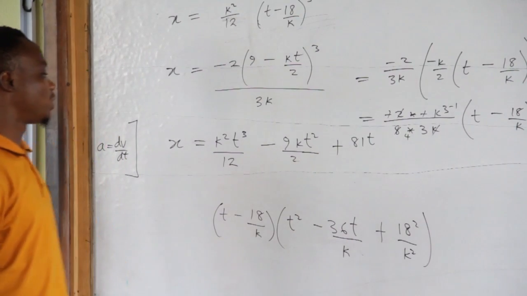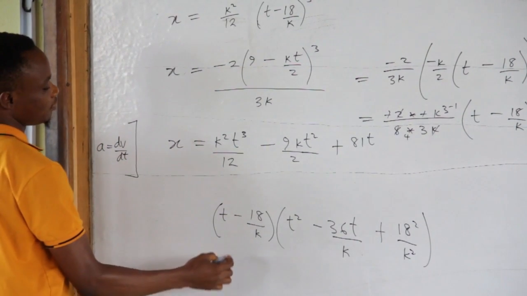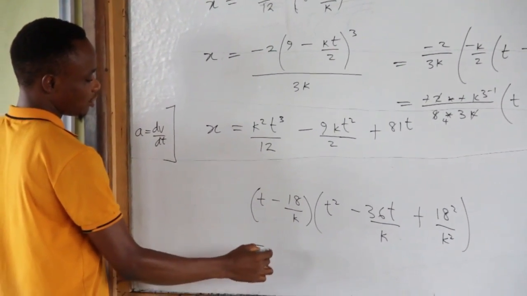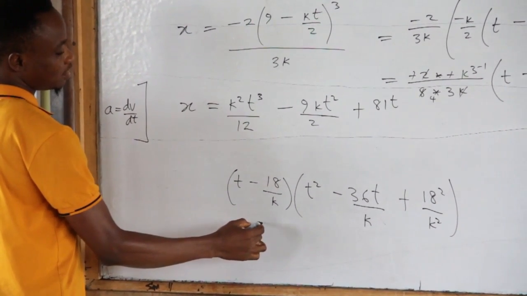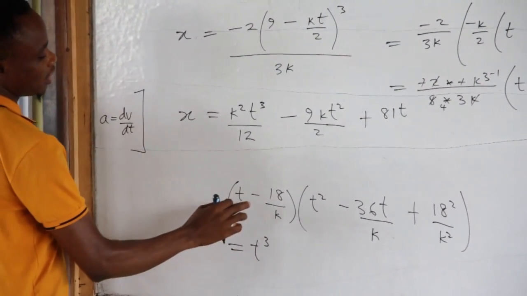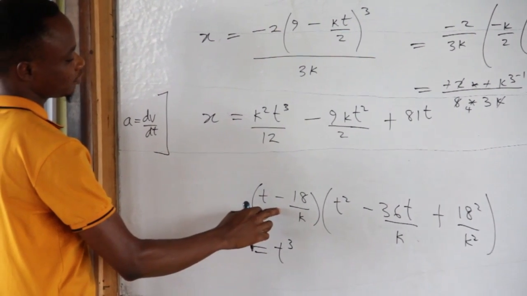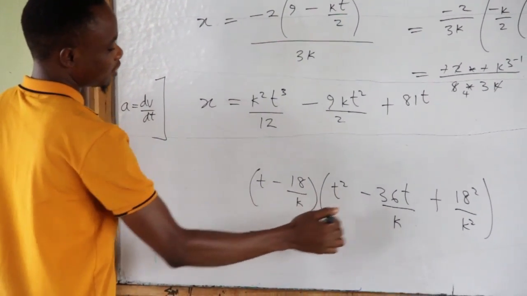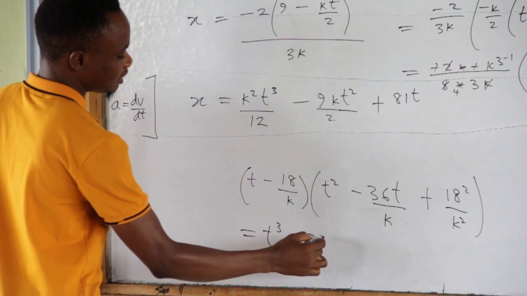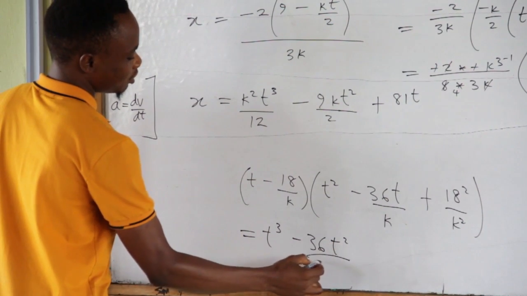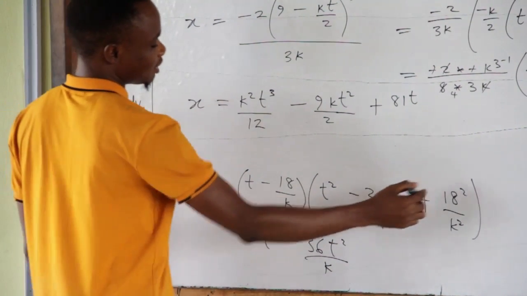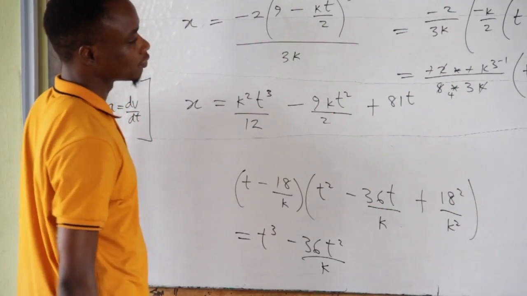When you open this bracket, what does it give you? It's going to give us 3 times this. That's going to give us 3 raised to the power 3, and I'm going to have this to be 3 raised to the power 3 multiplied by 3. That's minus 36 c squared over k. Then 3 times this. What's 18 squared?